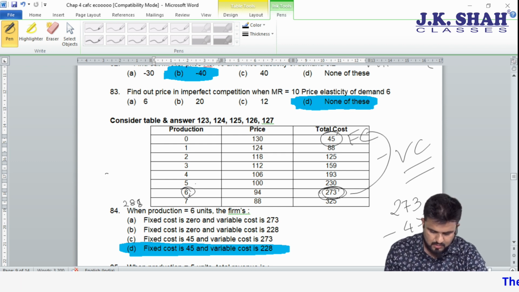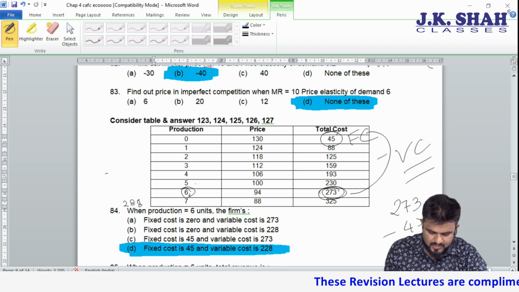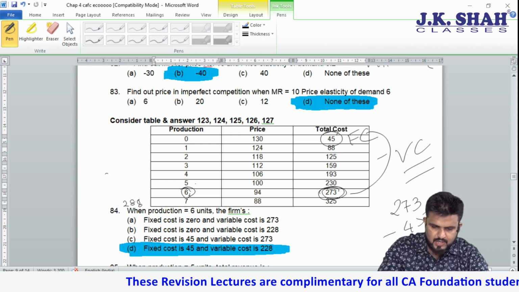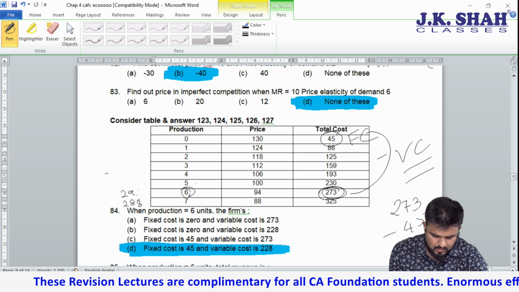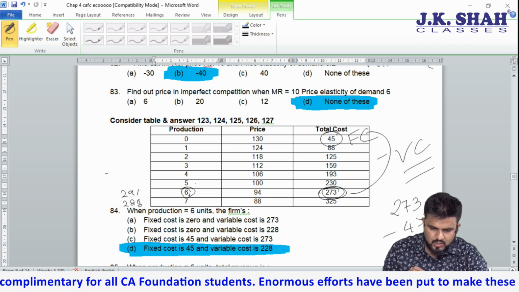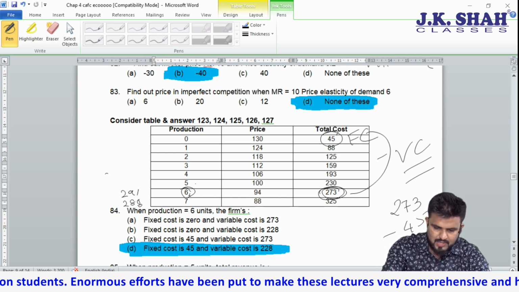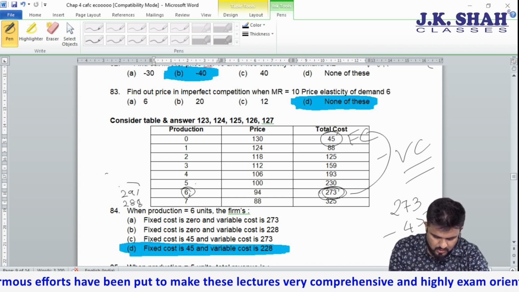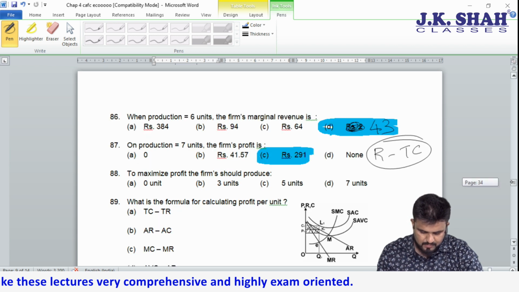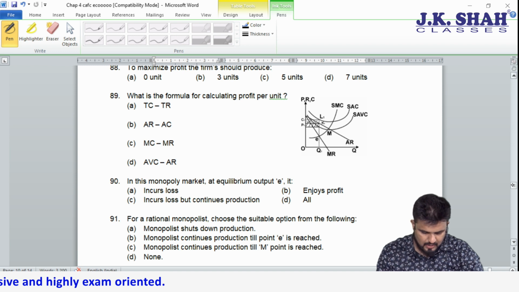Then 94 into 6, if we do 564, you get minus 273, 291 is the profit. 112 into 3 minus 193. So students, here you are getting the highest correct answer is at 6th unit.